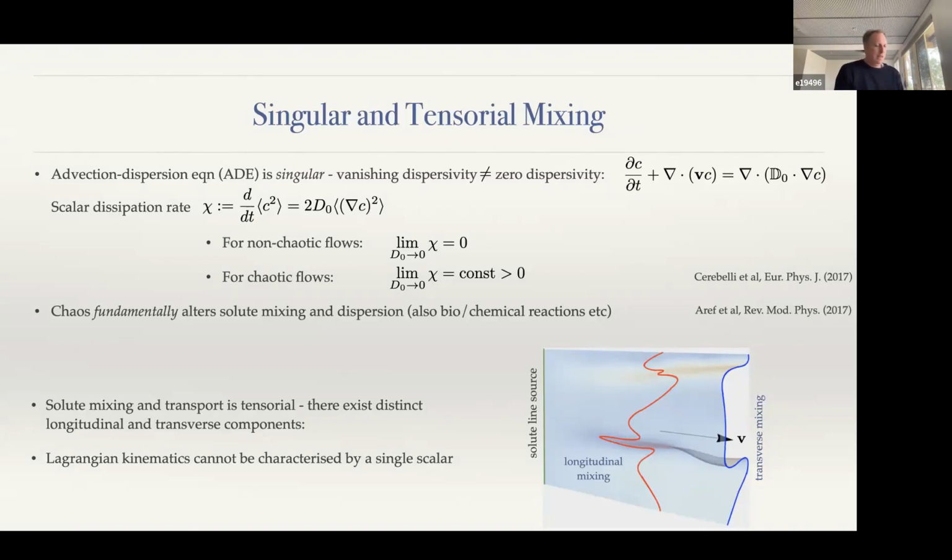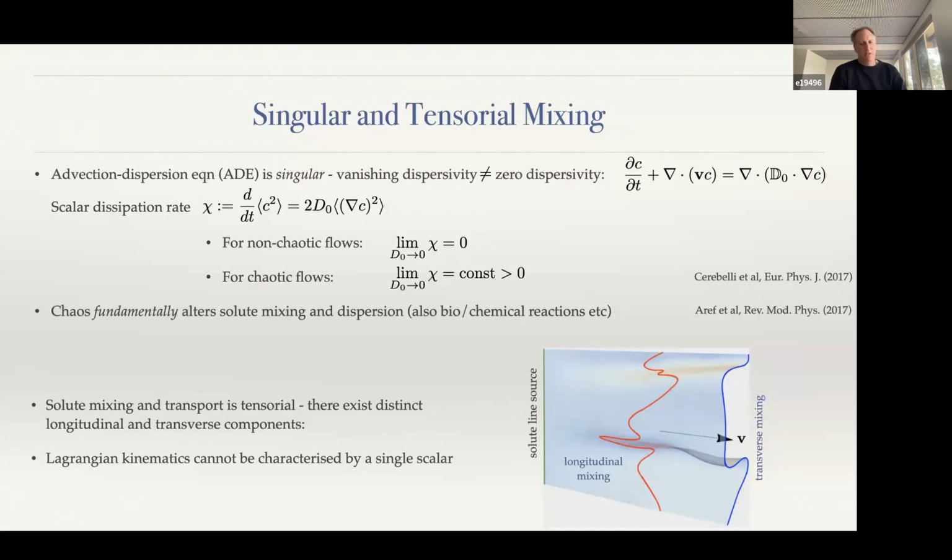The other factor we need to take into account is that solute mixing and solute transport is tensorial, and by that we mean there are distinct longitudinal and transverse components to dispersion and mixing. So if we were thinking of a line source shown by the vertical green line in the bottom right here, if that was continually injected, that would form a two-dimensional sheet. And if we were interested in mixing, we'd be interested in how that sheet was folding back on itself as shown by the blue line. And in that case, we'd be interested in transverse mixing.